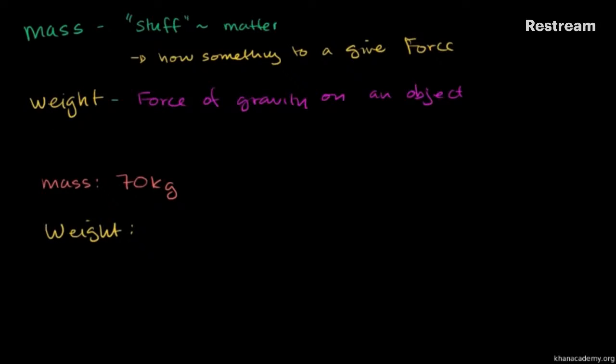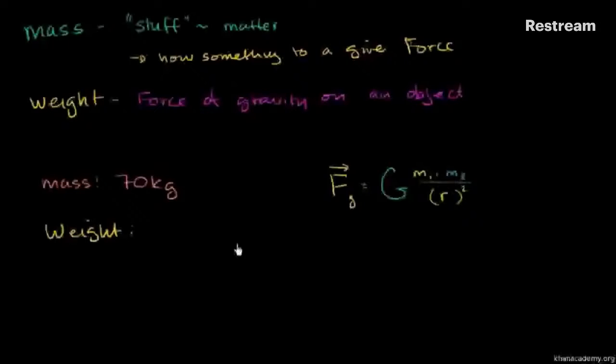But the gravitational attraction between two objects, the force of gravity between two objects, is going to be big G, the universal gravitational constant, times the mass of the first object times the mass of the second object, divided by the distance that separates the two objects squared.